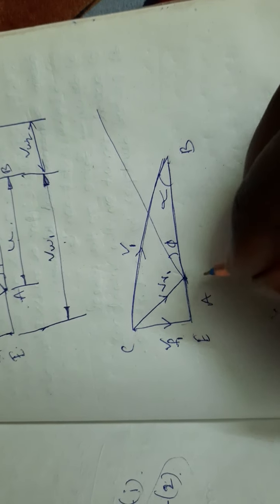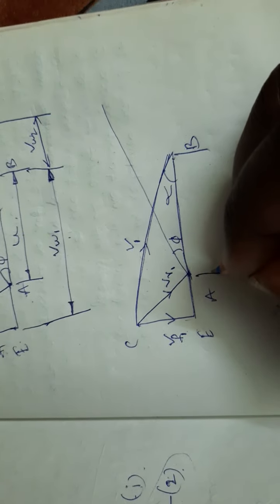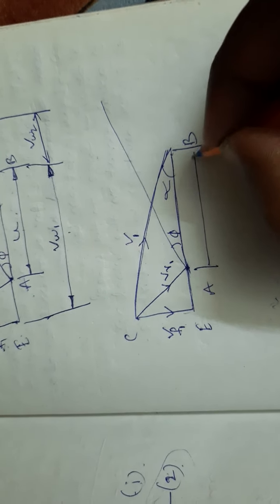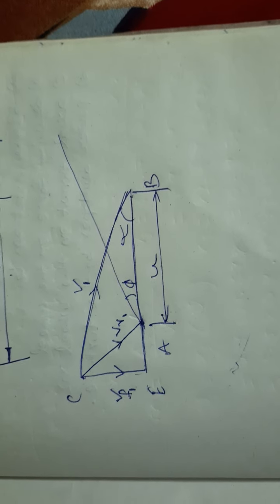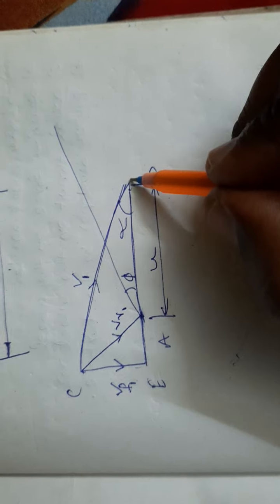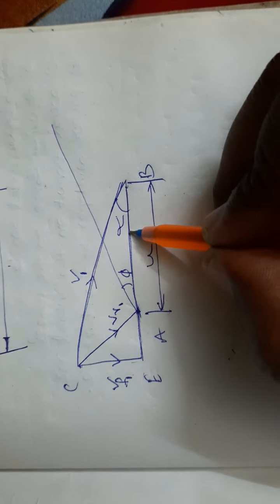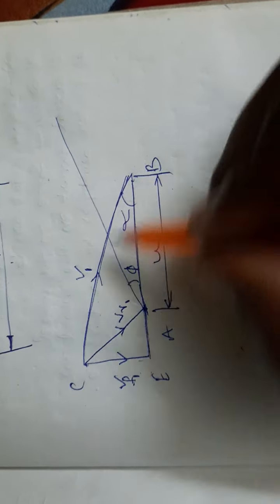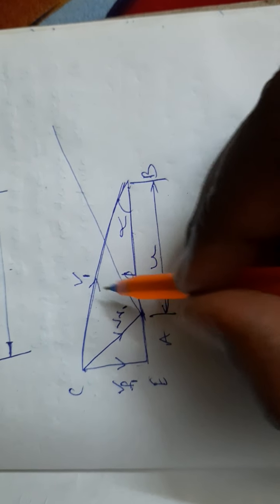So first, what's the procedure? First we have to draw the horizontal line that is equal to blade velocity, and draw the inclined line with angle alpha with AB, and line BC is equal to inlet jet velocity.